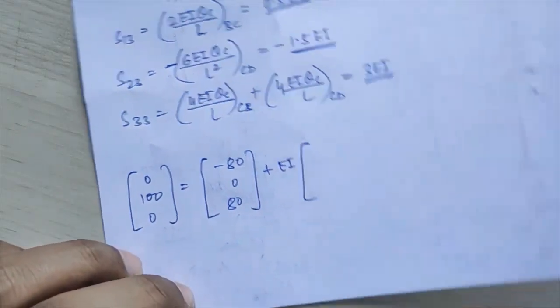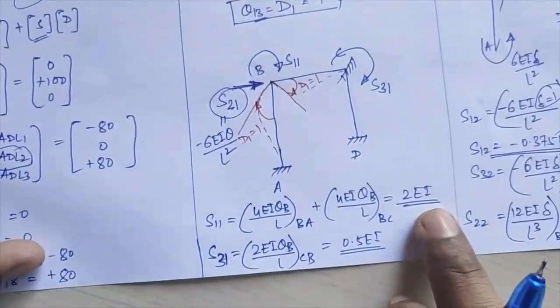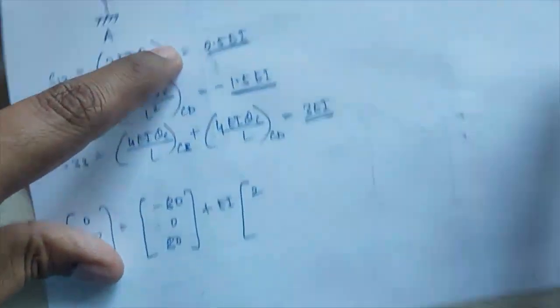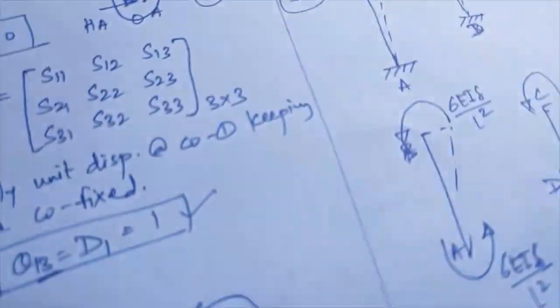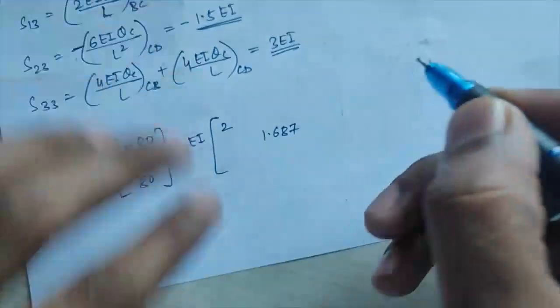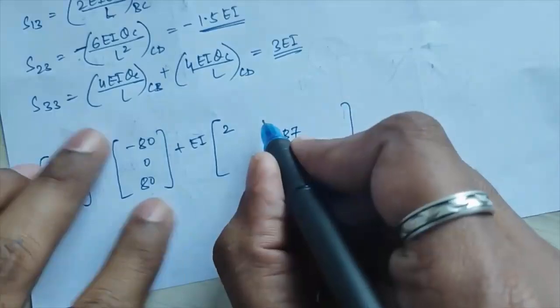Okay, next S of 1 1, that I have got 2EI. S of 2 1 I have got as 0.375 and S of 3 1 I am getting as 0.5 over there. So I'll write all these values. First S of 1 1, 2, S of 2 2, that I have got as 1.687, and S of 3 3 I am getting as 3 over here. Next here values I will write.